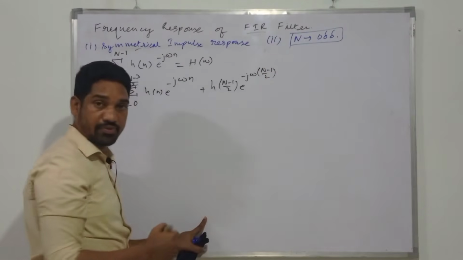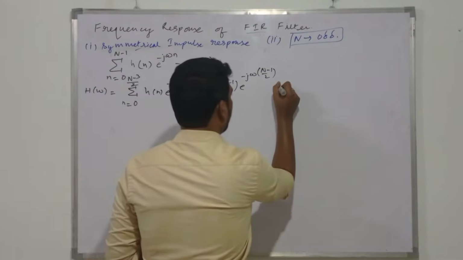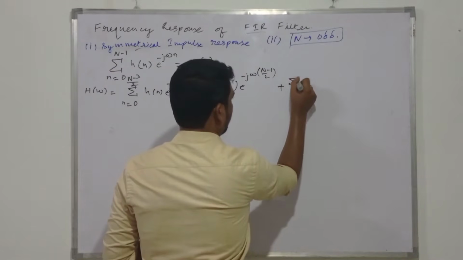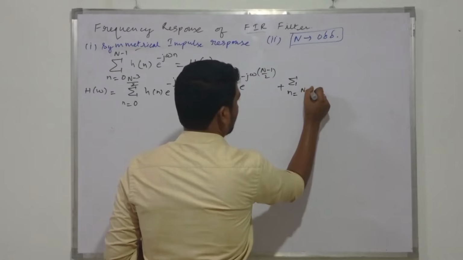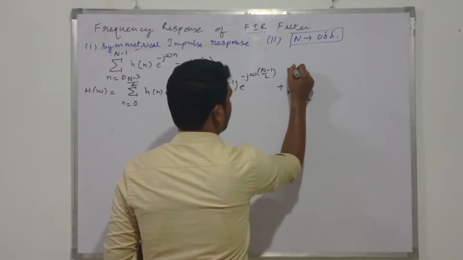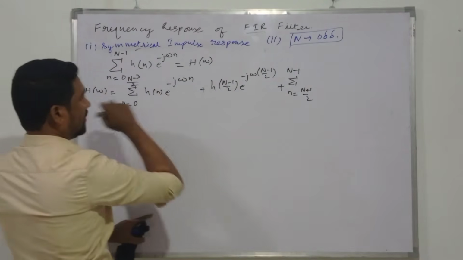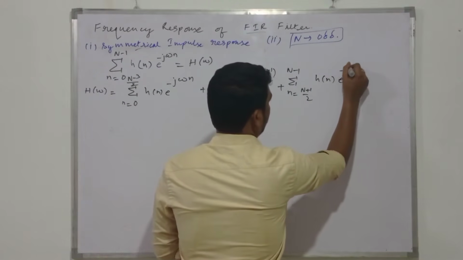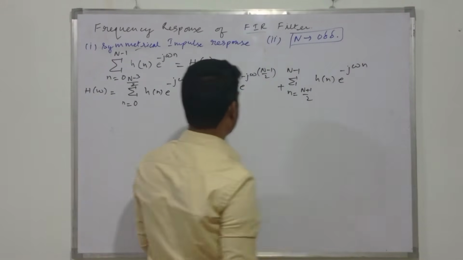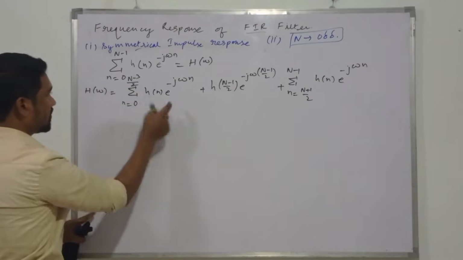This will be the center of symmetry. Let's check. Plus, going ahead with the summation, n equal to (N plus 1) by 2 to N minus 1, h of n e raised to minus j omega n.